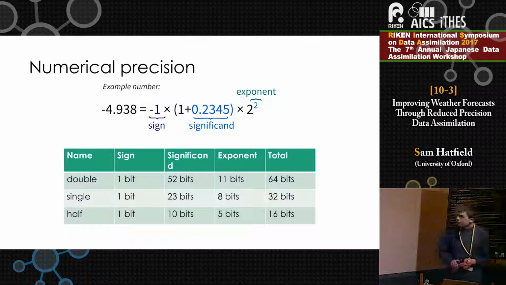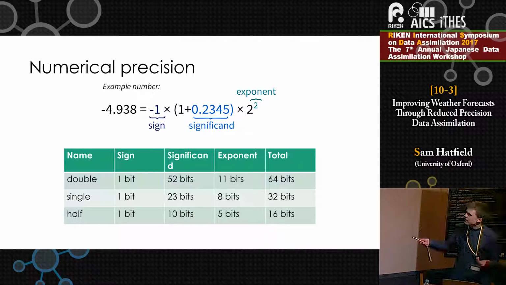So to begin with, I just want to clarify what I mean by numerical precision. I'm talking about the choice between double, single, and half precision floating point numbers. So this is how we represent real numbers on computers. As defined by the IEEE, double precision floating point numbers have three different components: the sign, the significand, and the exponent.